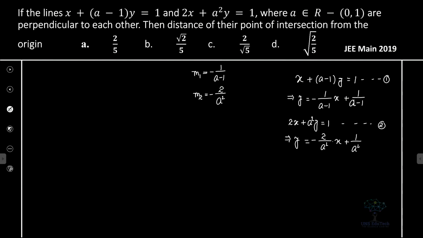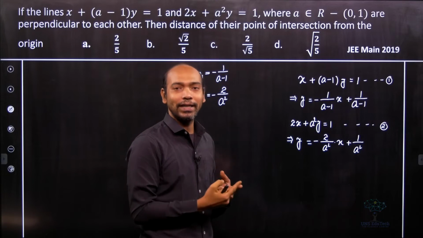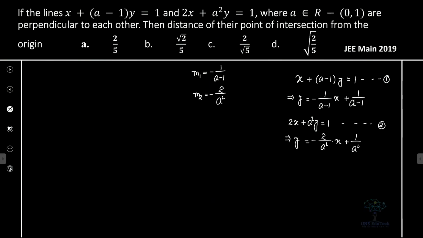Now, given that equation 1 and equation 2 are perpendicular to each other, it is given that line 1 and 2 are perpendicular. Therefore m1 times m2 is minus 1.